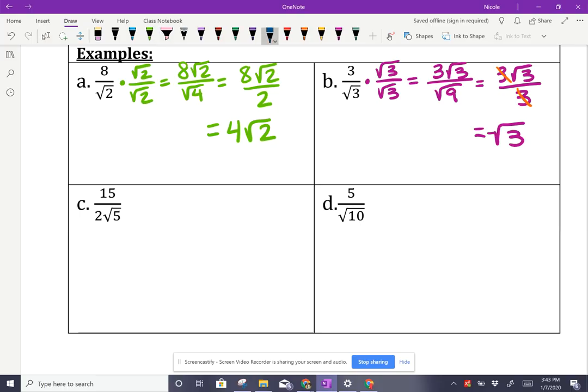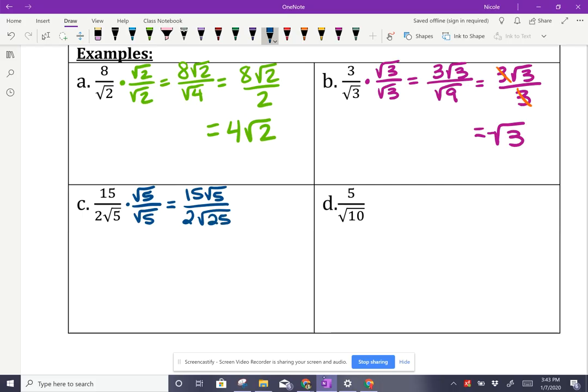All right, in the bottom of C, I have the root of 5. I'm not multiplying by 2 root 5. I am just multiplying by the root 5. So root 5 and root 5. Multiply across, you have 15 root 5 over, the 2 still stays in the bottom, and then we get 5 times 5 is 25.